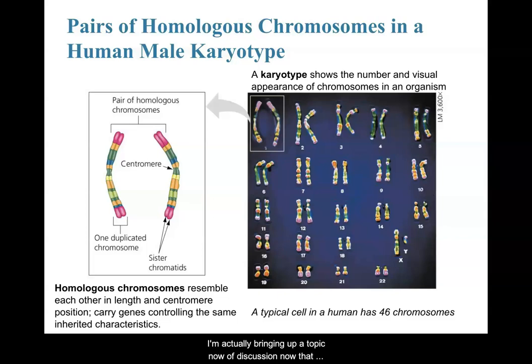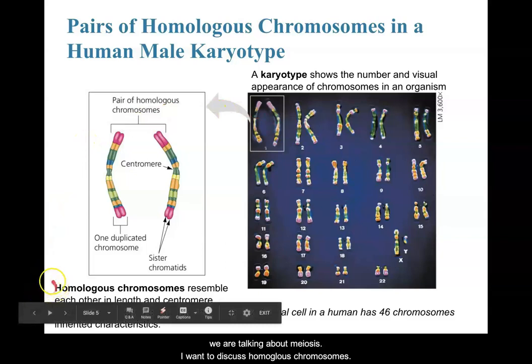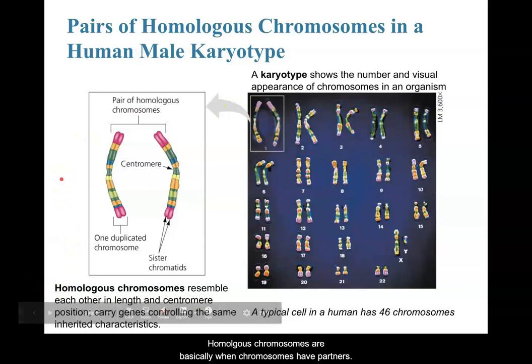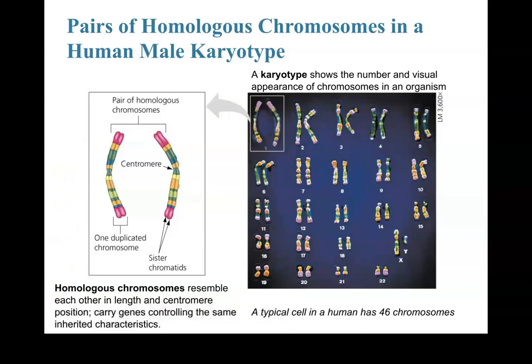I'm actually bringing up a topic now of discussion, now that we're talking about meiosis, and I want to discuss homologous chromosomes. Homologous chromosomes are basically when chromosomes have a partner. Chromosomes occur in pairs in humans, that is, they have a partner.